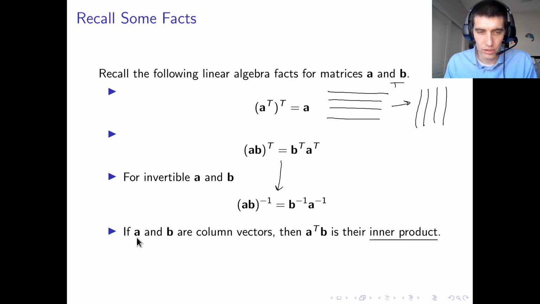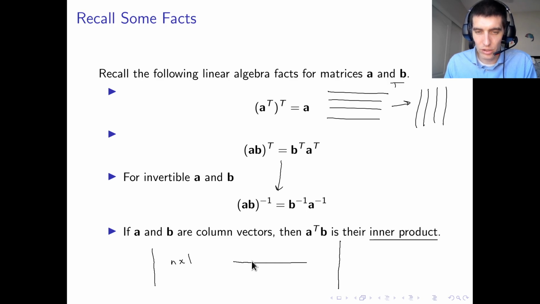If you have two column vectors A and B, by a column vector I mean a matrix which is n by 1, so it has n rows and one column. If I write A transpose B, I'm taking the matrix multiplication of A transpose, which swaps row and column, times a column vector.